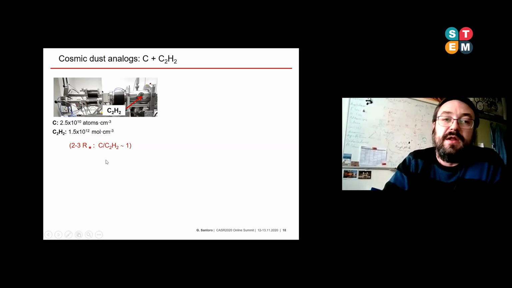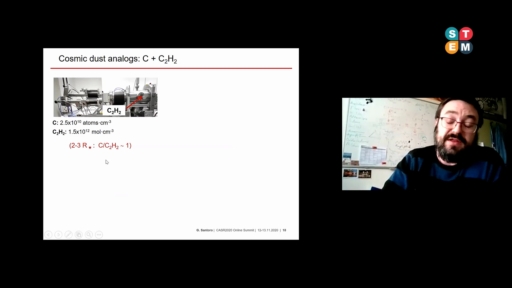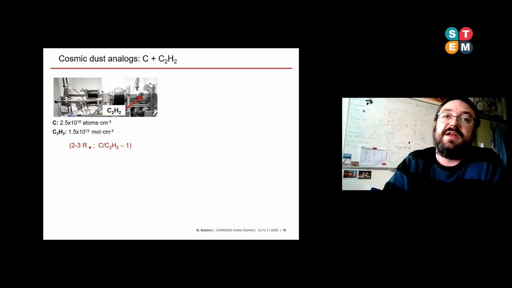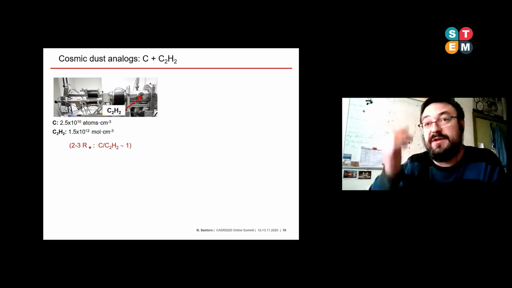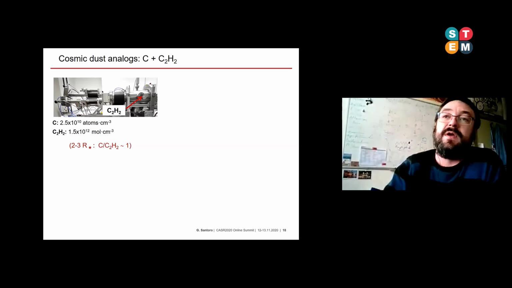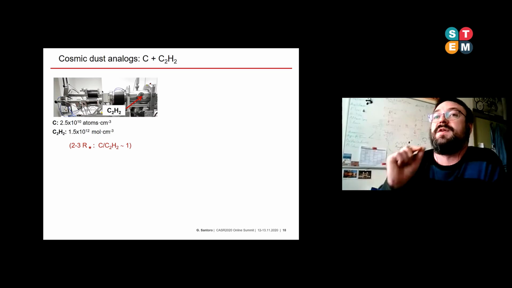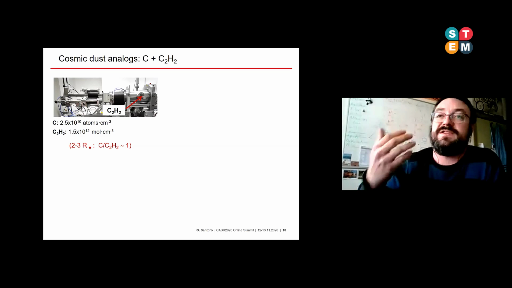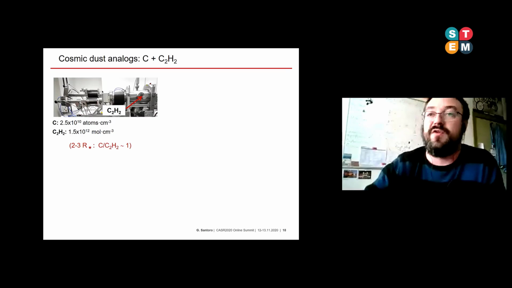Okay, and it is believed that acetylene is involved in the formation of aromatics, but as I have shown previously, the interaction of carbon with hydrogen is not enough to promote enough formation of acetylene that will lead to the formation of aromatics.